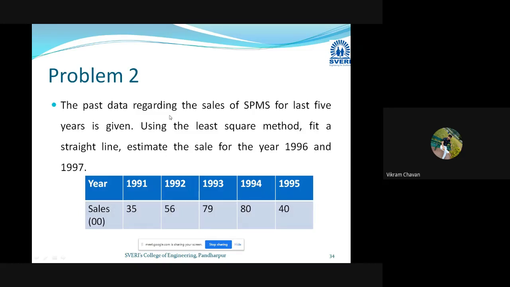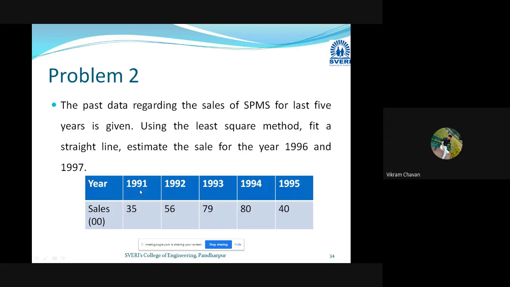Using the least square method, fit a straight line, and estimate the sales for the years 1996 and 1997.